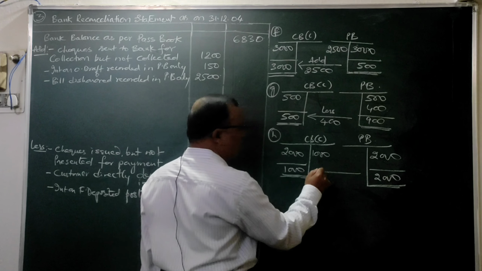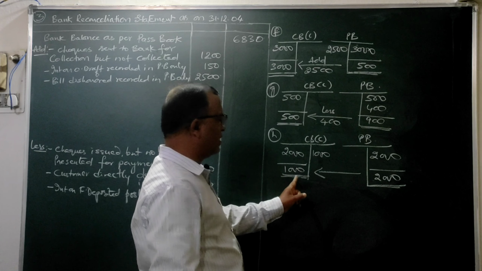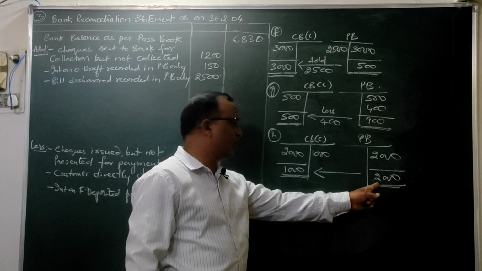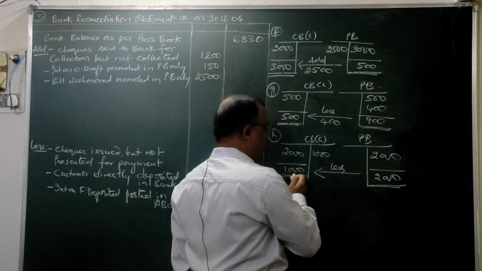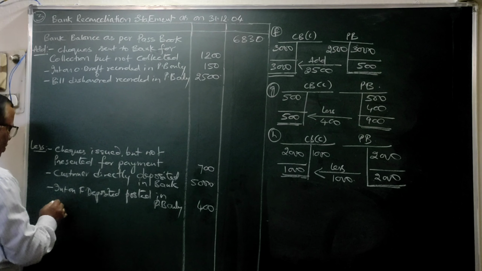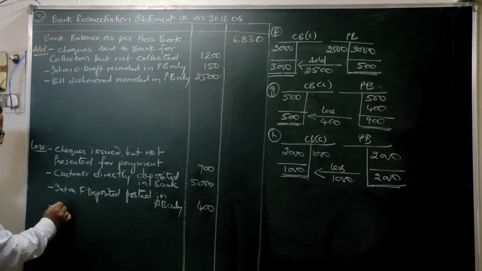So what should we do? This 2000 should be converted to 1000, because this is kept constant and is not going to change. So from this we should subtract. How much should we subtract? The difference between these two, 1000. So 1000 less. Below less, what are you going to write?